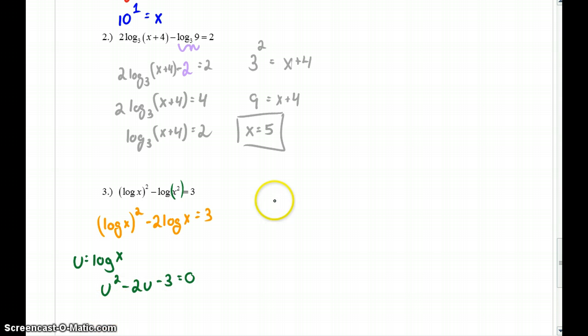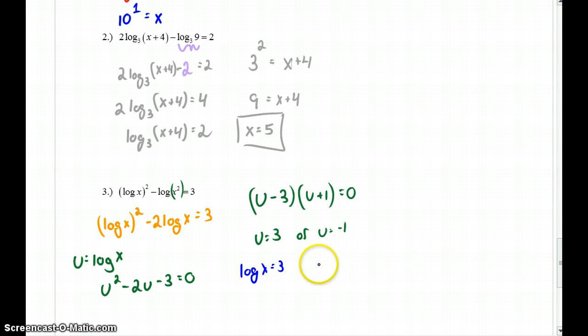This factors to u minus 3 times u plus 1 equals 0. So u equals 3, or u equals negative 1. Substituting it back in, I get log of x equals 3, or log of x equals negative 1.